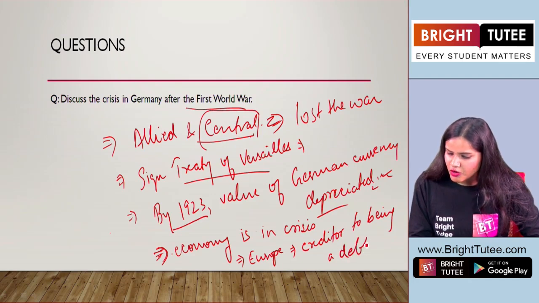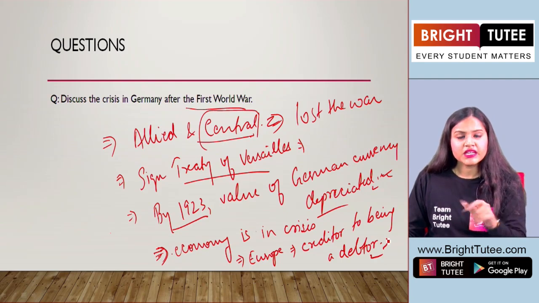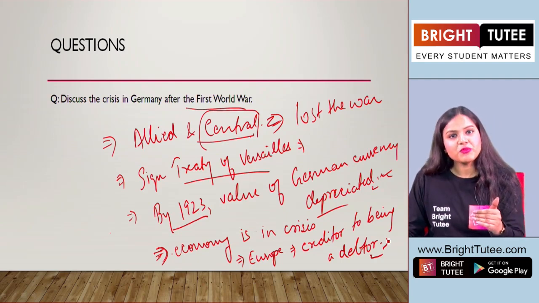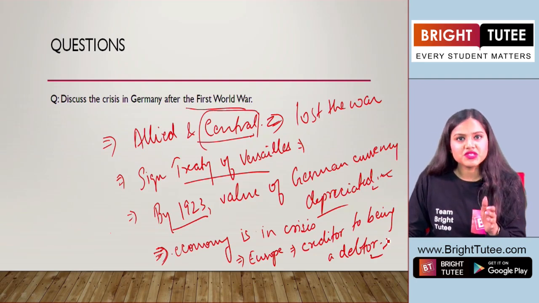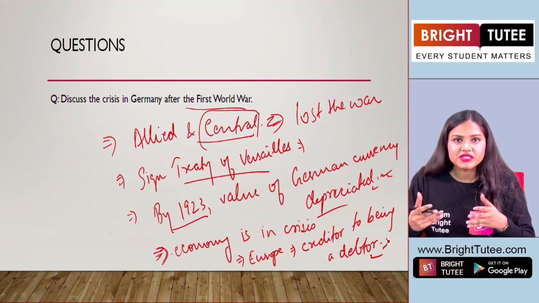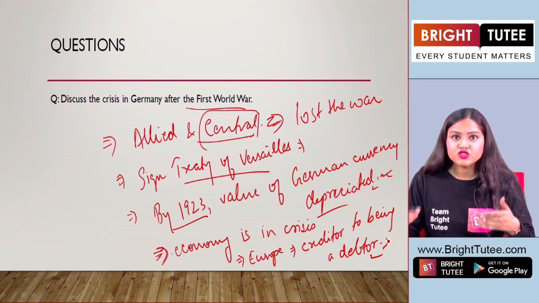Now they were in loans and they were dependent. Germany specifically was dependent on the US for loans because they had to pay a compensation of 6 billion pounds here. So how will they arrange this money? How are they going to pay the Allied powers here? So definitely they were in huge loans. Financial crisis happens in Germany.